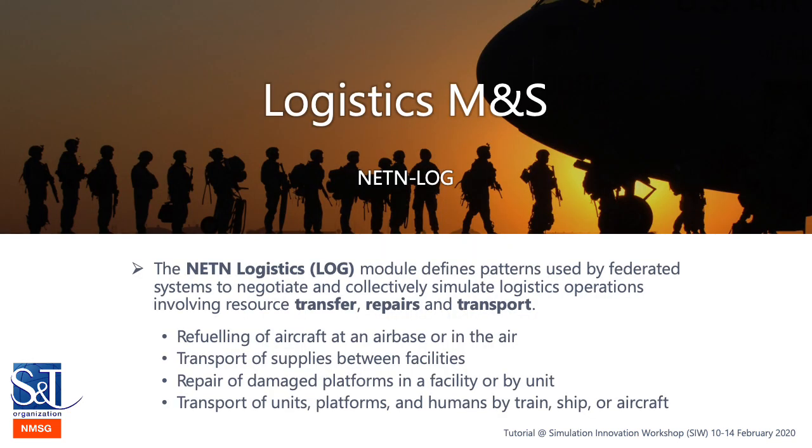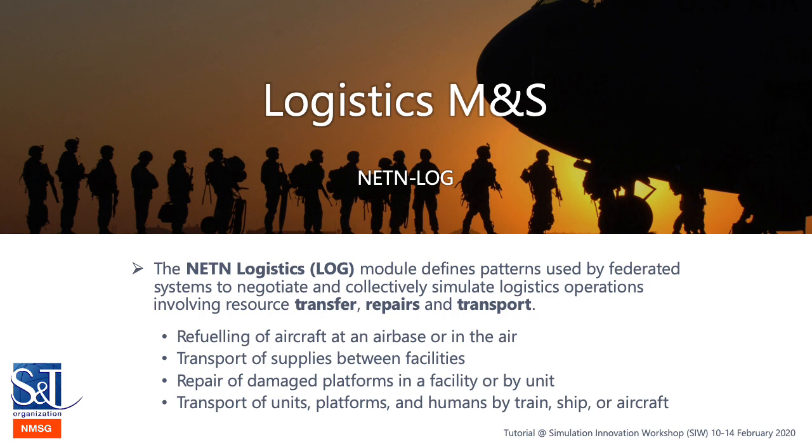The next module is logistics. So based on feedback from the nations, we identified a need to both simplify, but also to extend some of the RPR representation of the logistics operations. And we're talking about federated logistics operations. So if you have two simulators where you need to somehow coordinate how they are modeling, for instance, a transport.